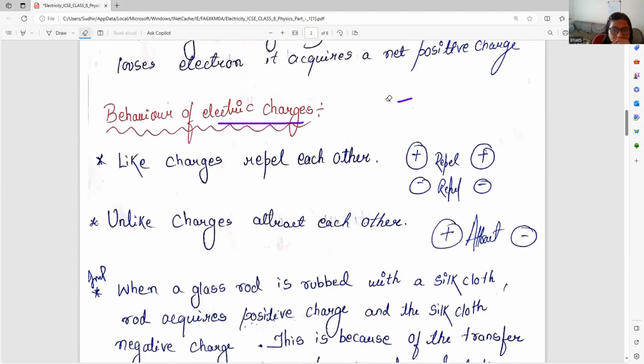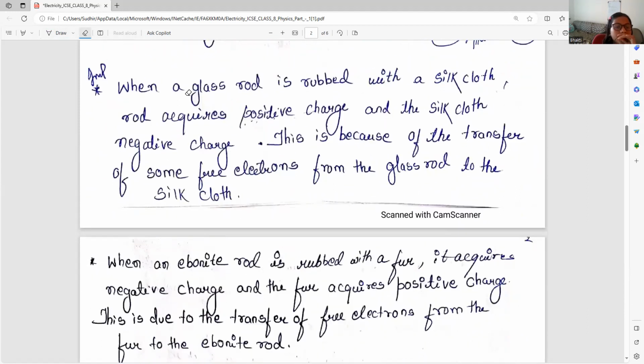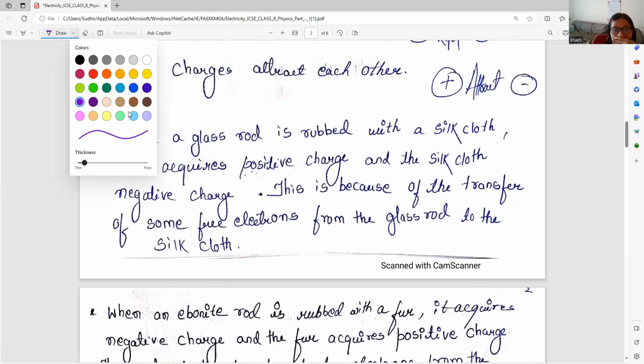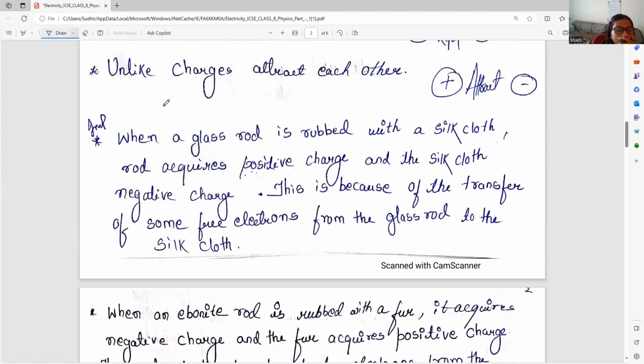So next thing, when a glass rod is rubbed with a silk cloth, here is one example given in your ICC book. When a glass rod is rubbed with a silk cloth, the rod acquires positive charge and the silk cloth gets negative charge.